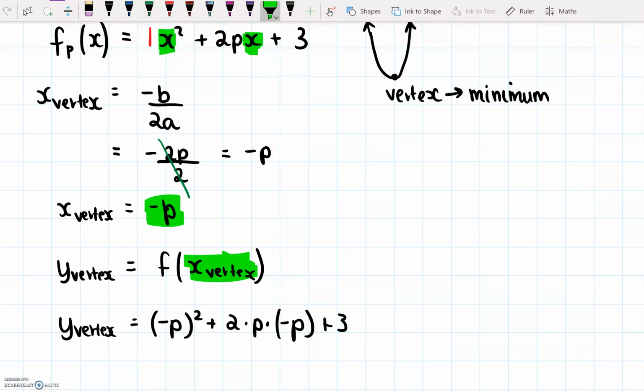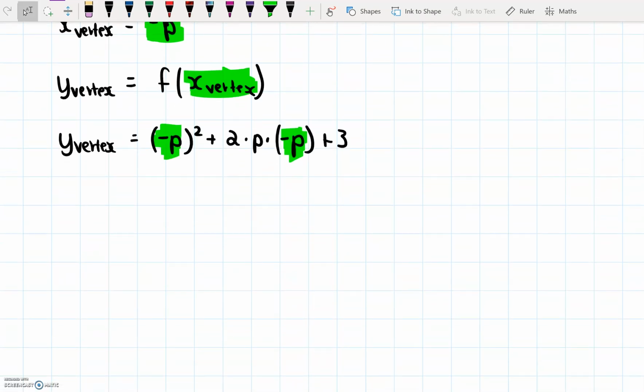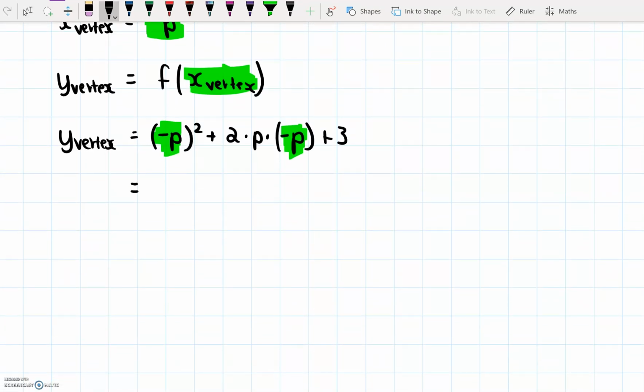So remember here, all we've done is we've put this negative p in place of the x in the original function. Okay, we need to simplify this. So we get minus p squared gives us just p squared plus 2 times p times minus p. So we now have a negative 2p squared plus 3. Okay, and this can now be simplified to minus p squared plus 3.